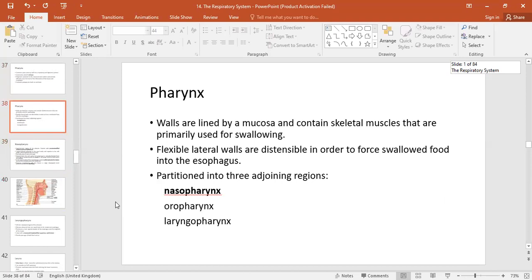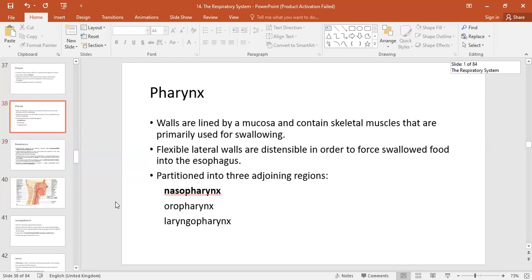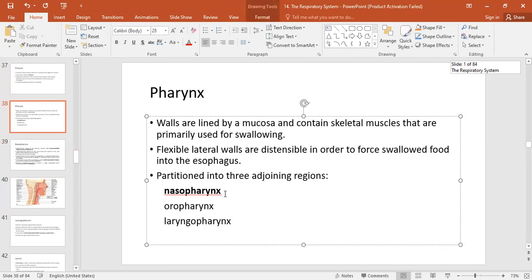Okay. So what kind of epithelium is found in the pharynx? In the nasopharynx, we have epithelium similar to the nose. So it will be respiratory epithelium, which is pseudostratified columnar epithelium. The oropharynx will be similar to the mouth, which is stratified squamous epithelium, non-keratinized.